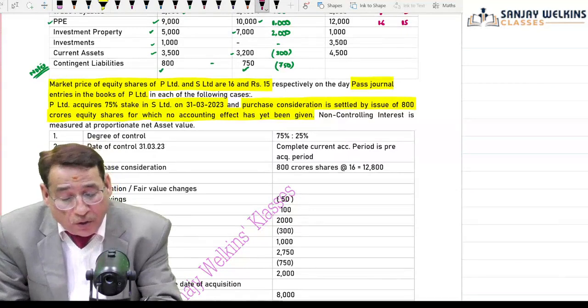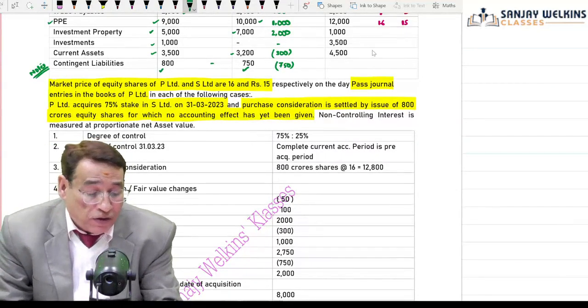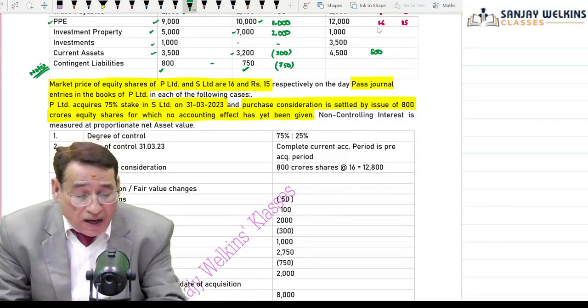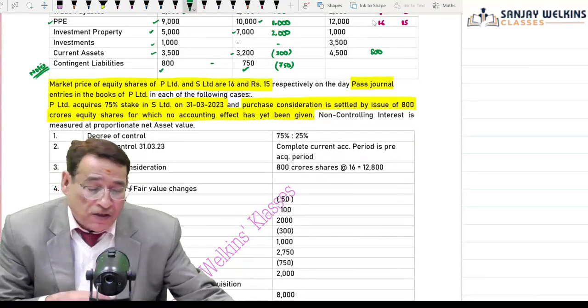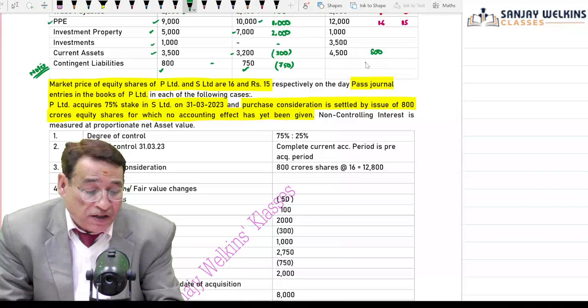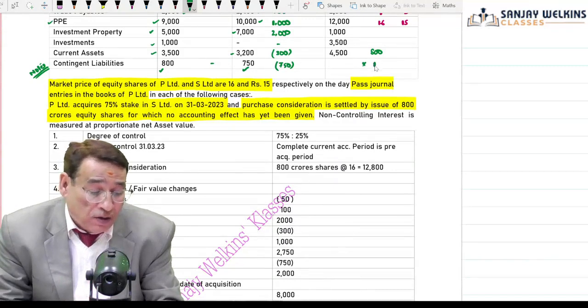Now, if I ask you what is the amount of purchase consideration, your answer should be very simple, because it is given that P Limited is issuing 800 shares. Because I am the purchasing company, the acquirer entity, I am supposed to deliver the purchase consideration, and I will deliver it according to the fair value of my share, which is 16.